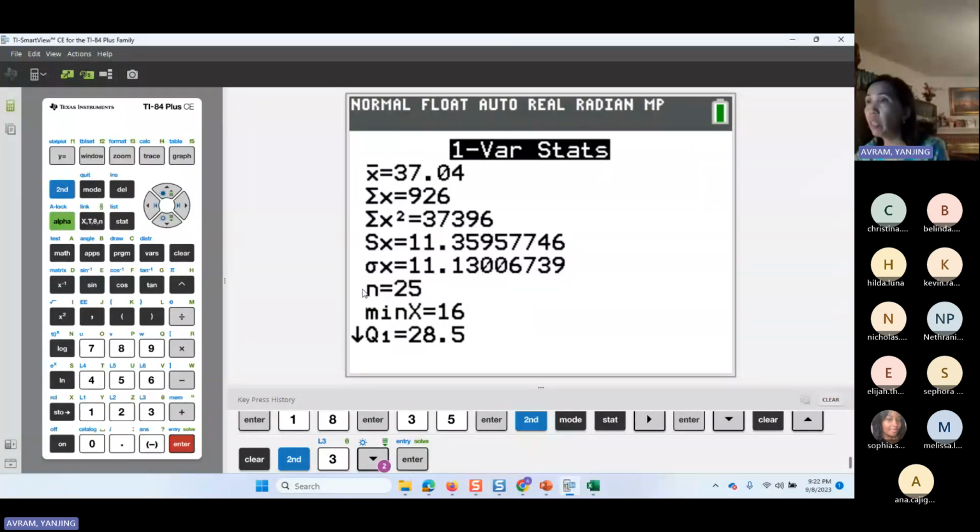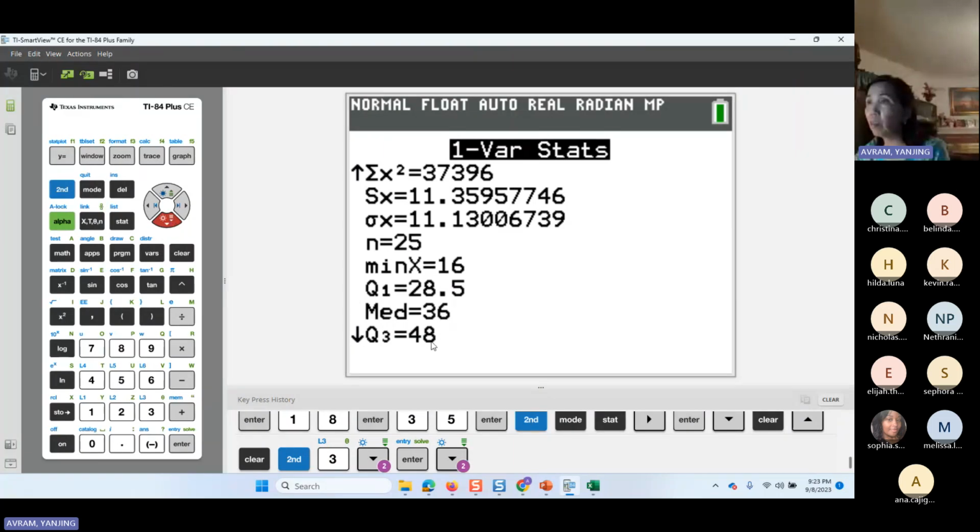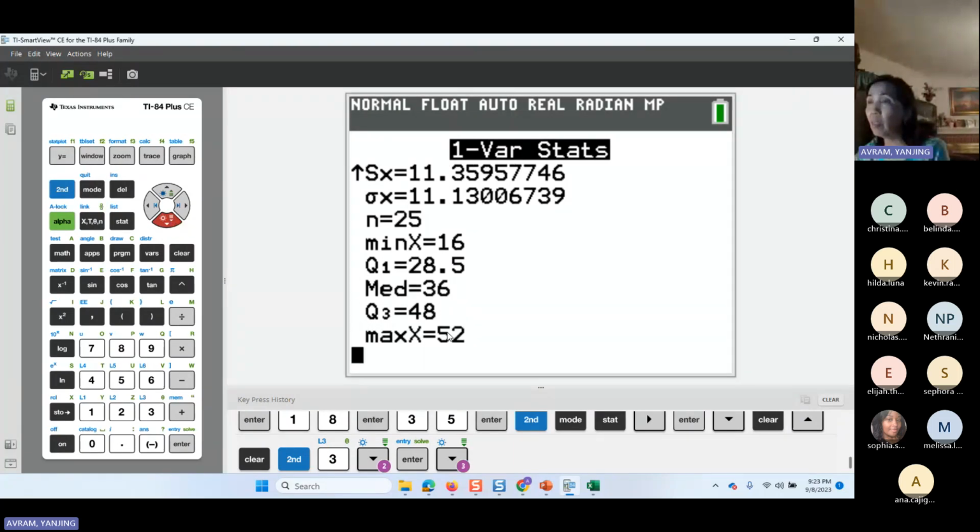I have a 25 data set here, and my minimum here is 16. My Q1 here is 28.5. My median is 36. My Q3 is 48. My maximum here is 52. So I have all the data I want.